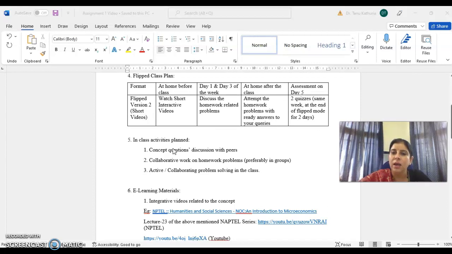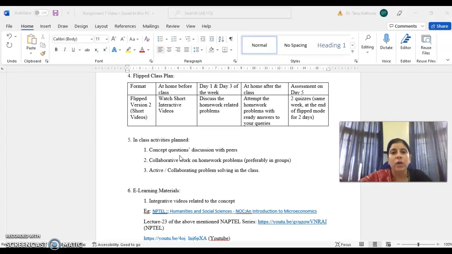And how are they going to play any role in this? We will discuss the concept questions with our peers. That means with your group of students around you, you can discuss your questions first. Collaborate on your homework assignment with your group members so that it can come out more productive and more effective.